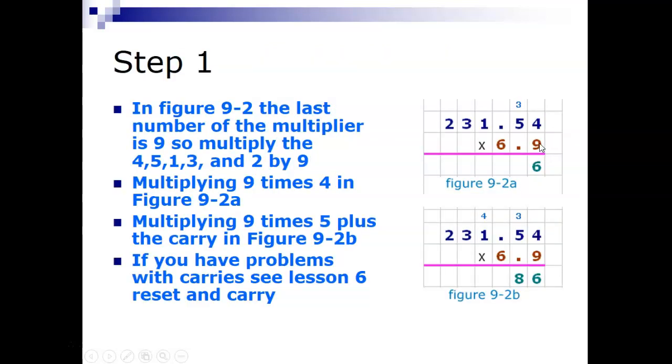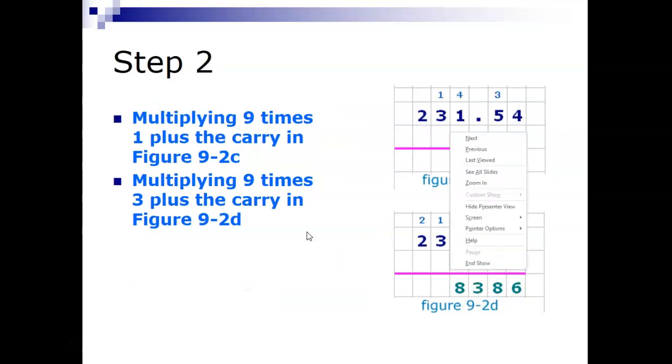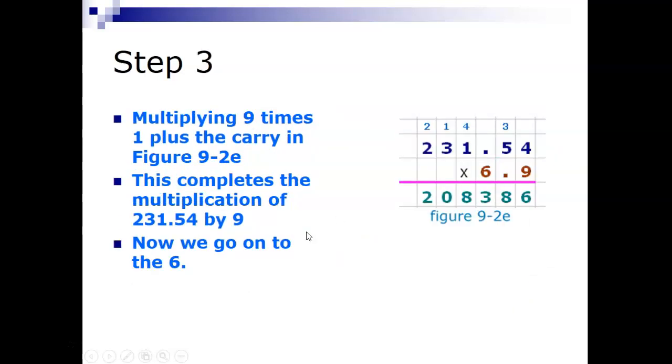So I'd start off by saying 9 times 4, 9 times 5, 9 times 1, 3, and 2. And that should get me 208386.